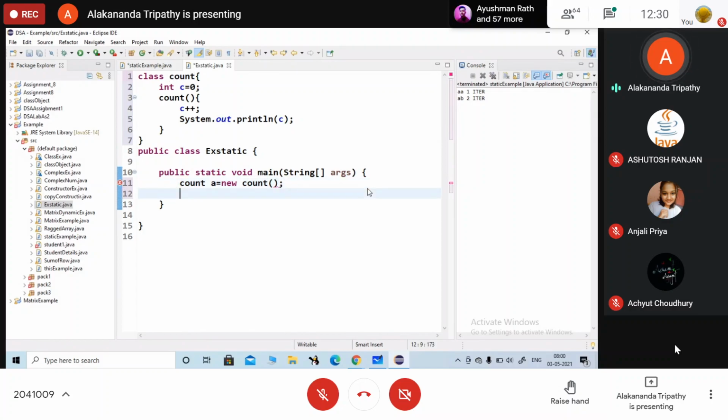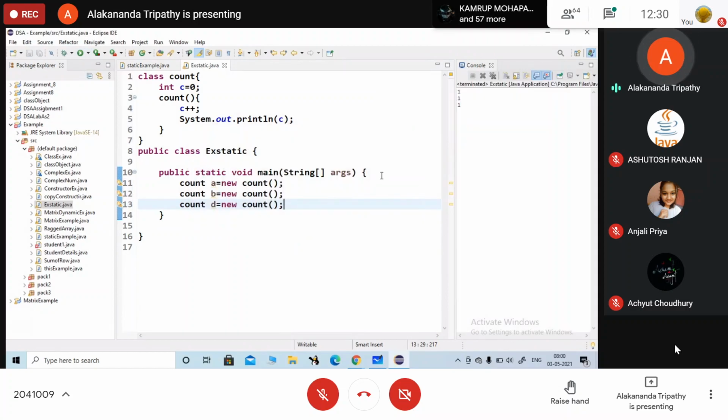Sorry, I created the object: Count b equals to new Count, then Count d is equals to new Count. Now check here. I will run this code.